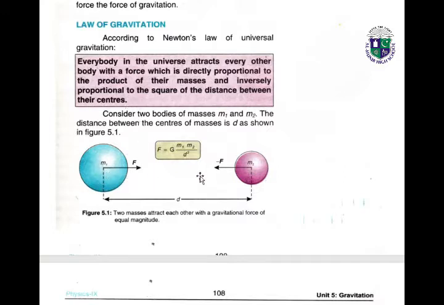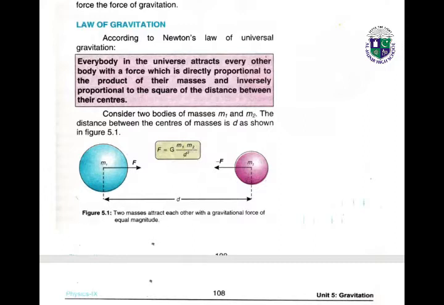Consider two bodies of masses m1 and m2. Here, students, we have two bodies of different masses. The distance between their centers is d. So F is equal to G m1 m2 over d squared.